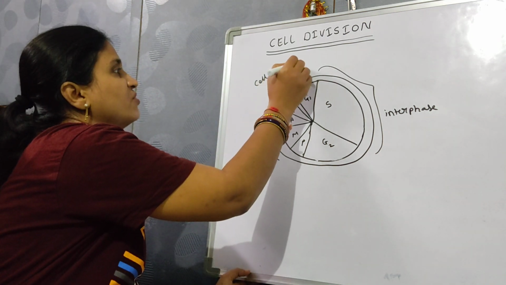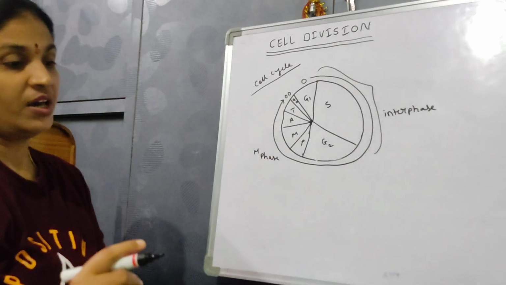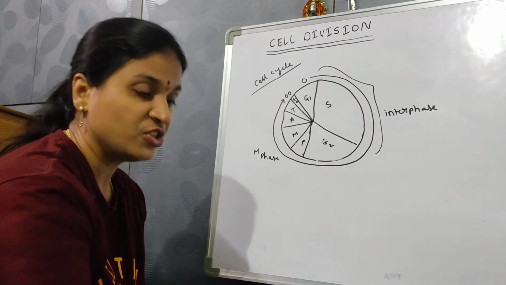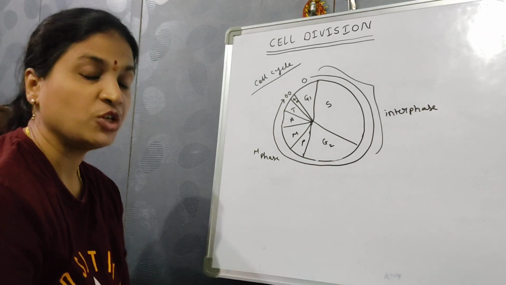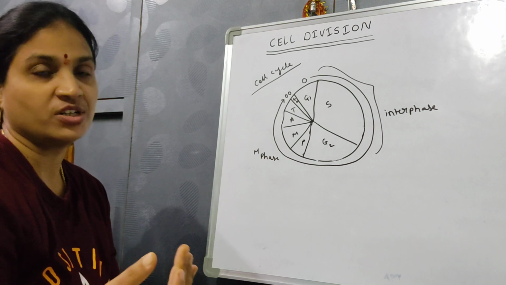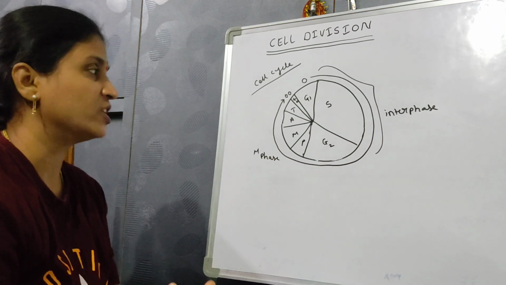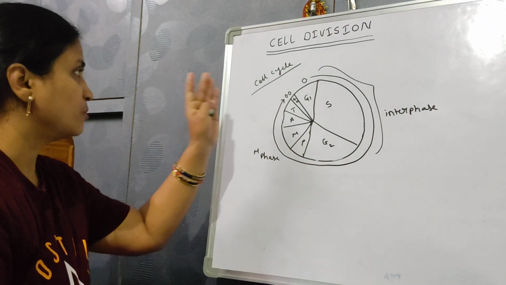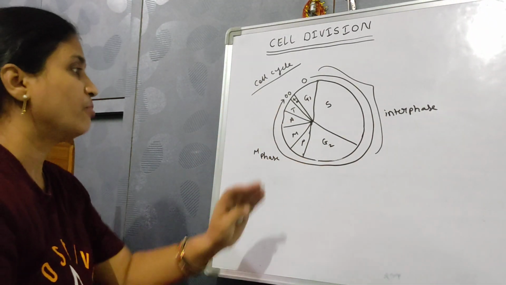The sequential events occurring in a cell, from the duplication of the genome and synthesis of other cellular constituents to the division of the cell into two daughter cells, are the cell cycle. It can be represented in the form of a pie chart.